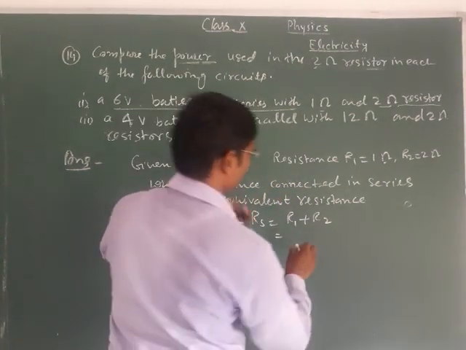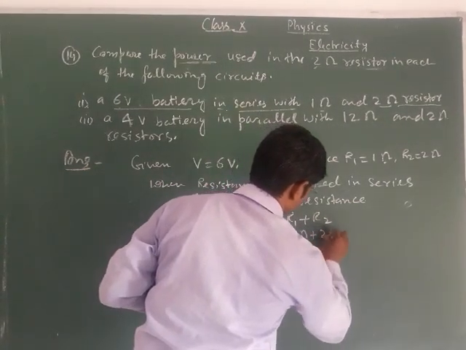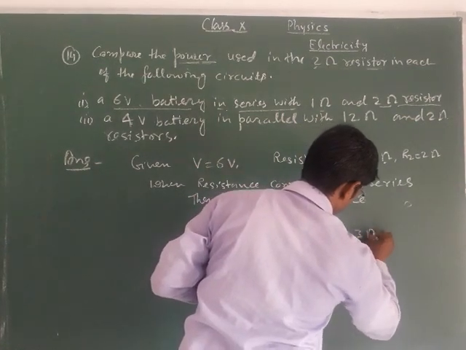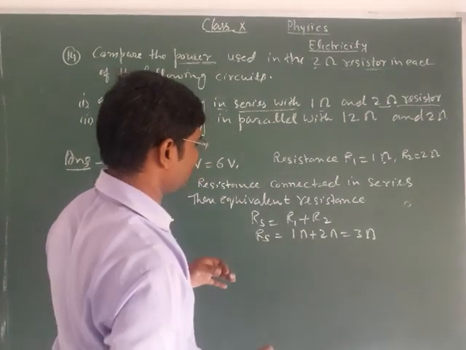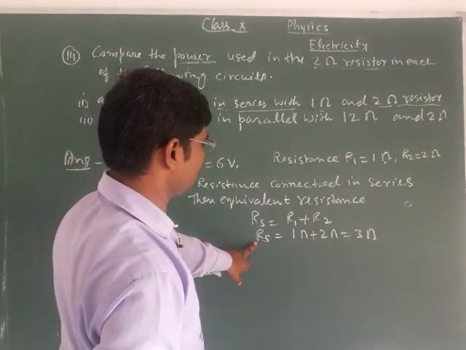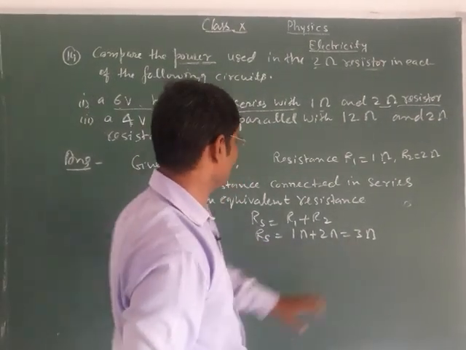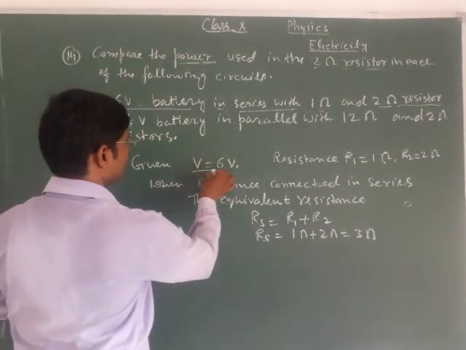R1 plus R2, 1 ohm plus 2 ohm, this is 3 ohm. So RS is the total equivalent resistance, RS is equal to 3 ohm, and potential given V is equal to 6 volt.